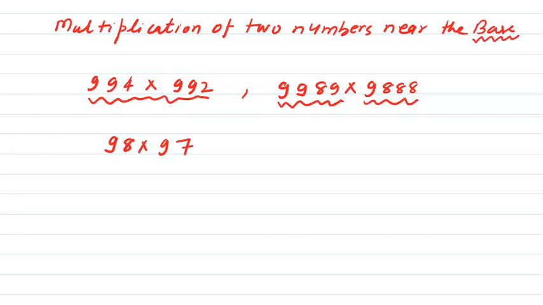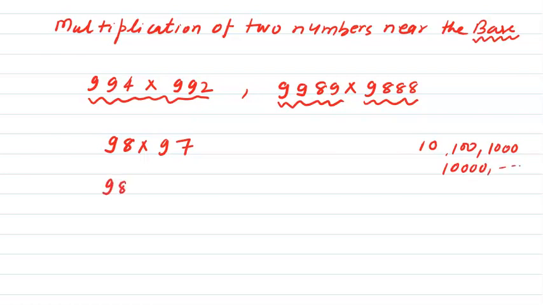I have discussed what a base is in the very first video on the Vedic math series. If you have not watched that video, please go and watch that. But just to give you a quick recall, a number which starts with 1 and ends with 0 is known as a base. Like 10 is a base, like 100 is a base, like 1000 is a base, like 10,000 is a base, and so on.